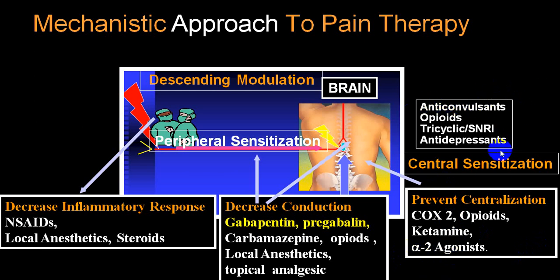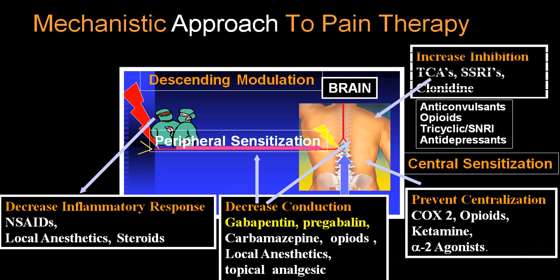Central sensitization can also be affected by antidepressants, tricyclic antidepressants, and opioids. Also, you can increase inhibition by using antidepressant drugs, tricyclic antidepressants. Also, you can utilize clonidine, which has an effect at the central level.